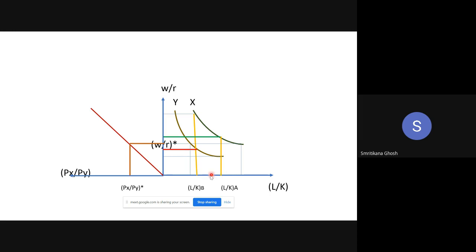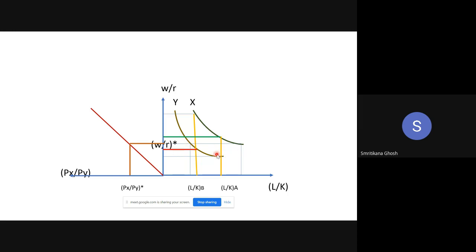So in that case, look, they are very close to each other. L by K A and L by K B are very close. Then only you will get that overlapping zone. I will show you a lot of this type of diagram. There you can see you may not have the overlapping zone when these two yellow lines are very much deviated.